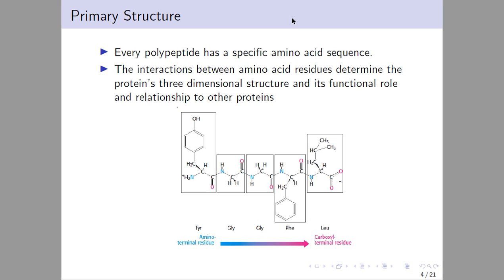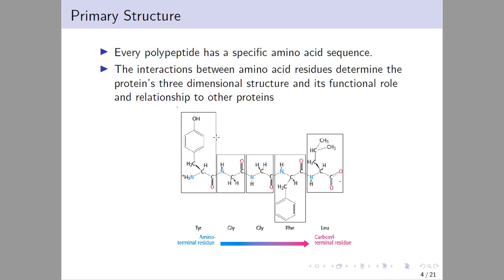The interaction between amino acid residues determines the protein's three-dimensional structure and its functional role in relation to the other proteins. When an amino acid chain is combined with another amino acid, it will have a different functional role.